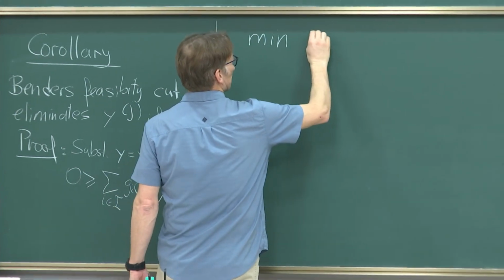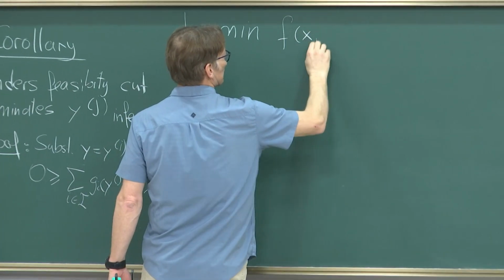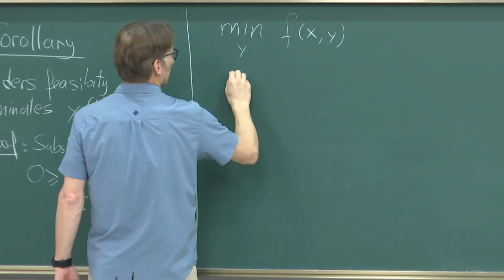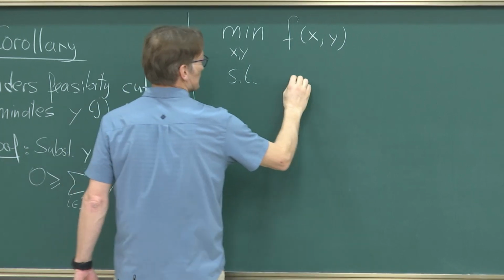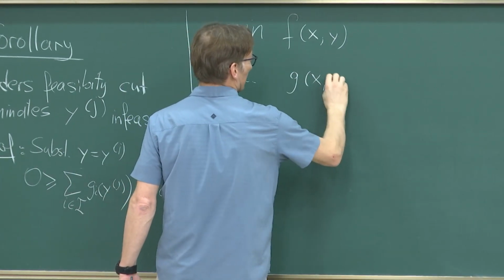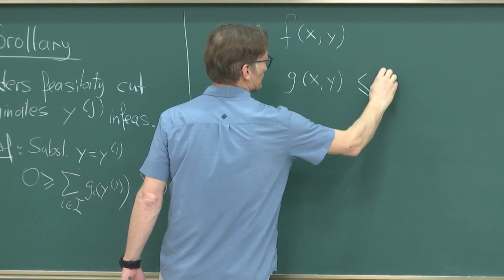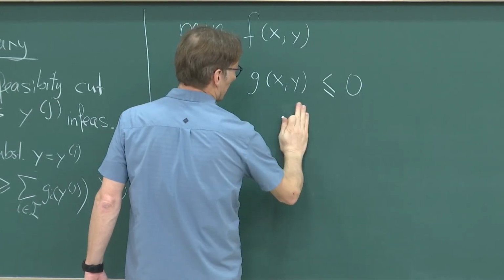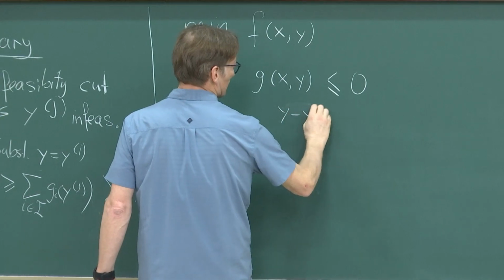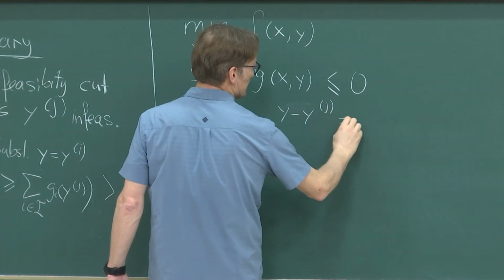We minimize f of x and y over x and y, subject to the constraints g of x and y less than or equal to 0, and y, I'm going to write this different, y minus yj is equal to 0.